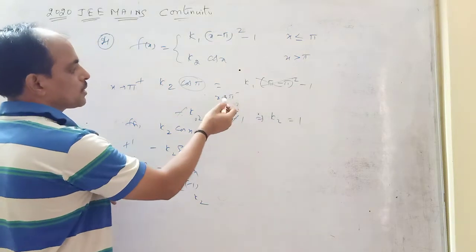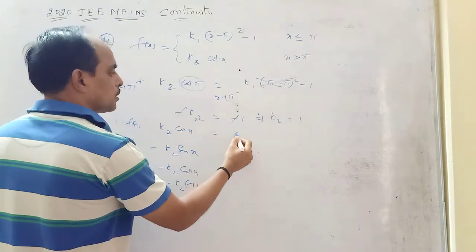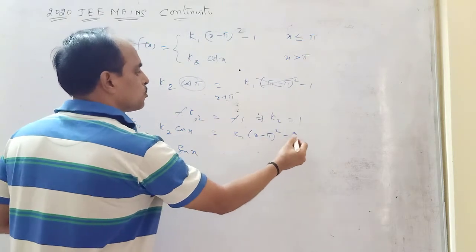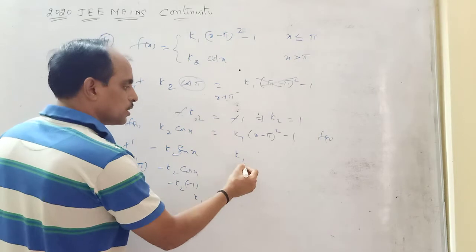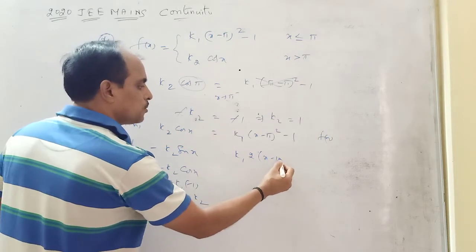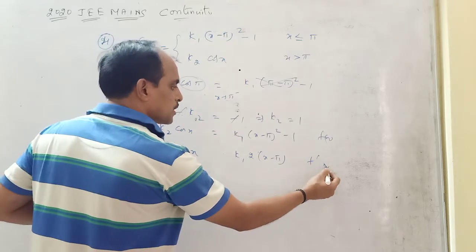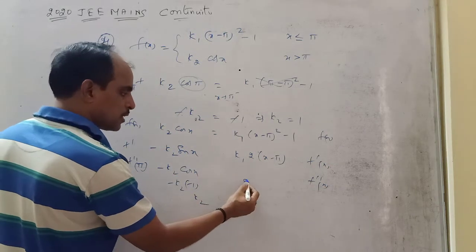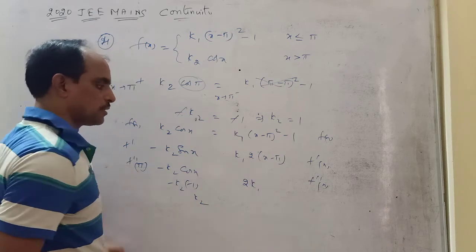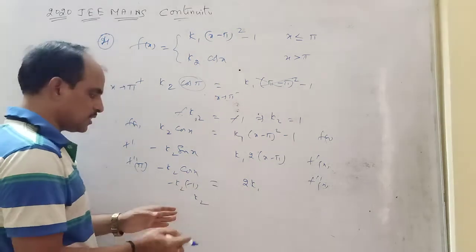Now you see this function for x tends to pi minus. What about the function? k1 of (x minus pi) whole square minus 1. This is f of x. What about its derivative? k1 of 2 into (x minus pi). Its value at pi is 0. Next, this is f dash x. What about its another derivative? This is 2k1 x. What about its derivative? 2k1. Okay. These two are equal because it is twice differentiable.